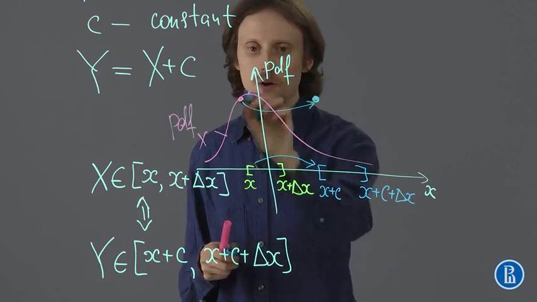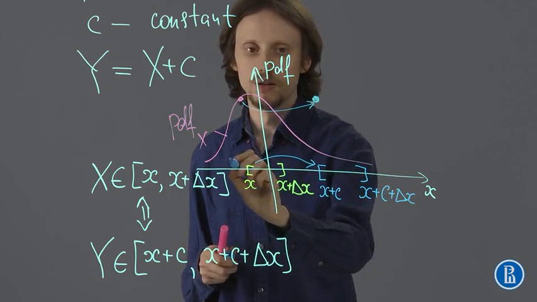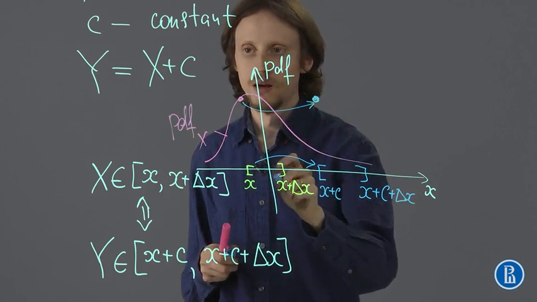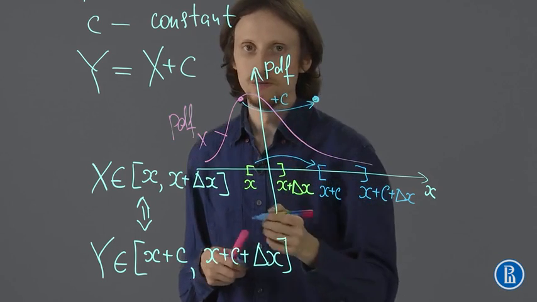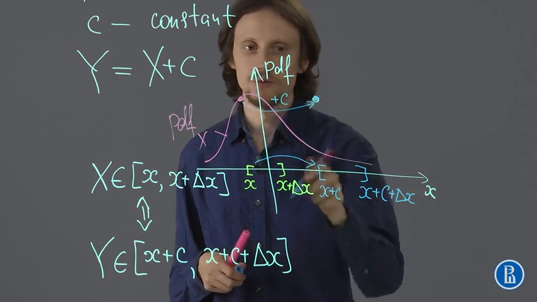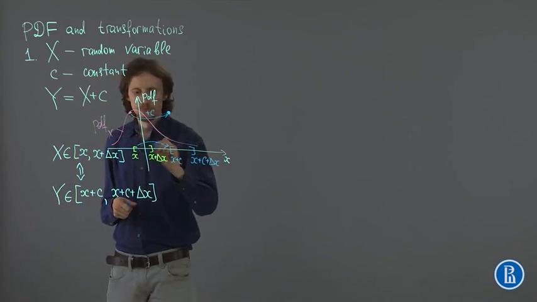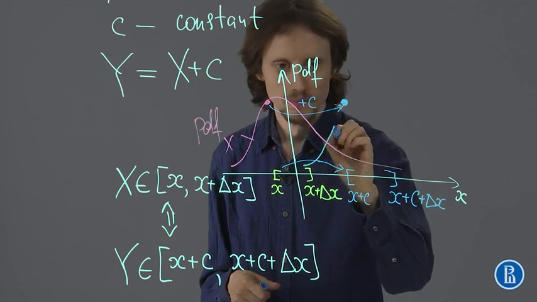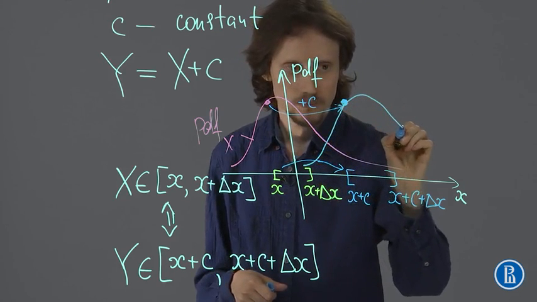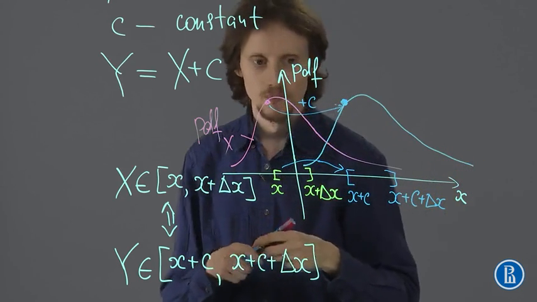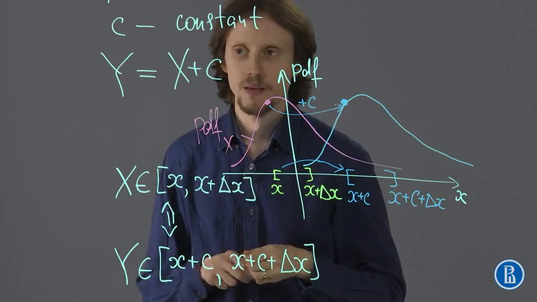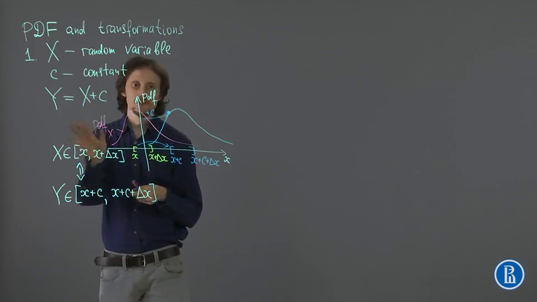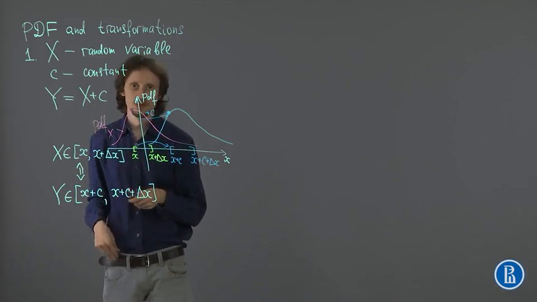In the same way, the whole graph of the probability density function is shifted to the right if c is positive, exactly by adding c to all x coordinates. So let us draw the new graph. We see that it is a shifted version of the old graph. So adding a constant gives us shifting of the probability density function.